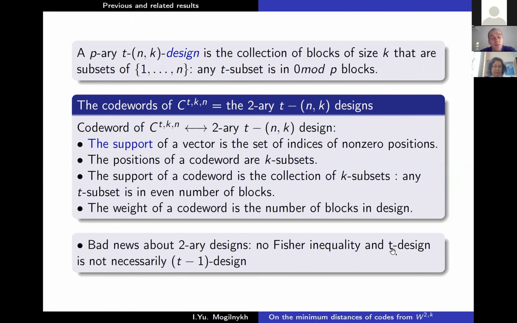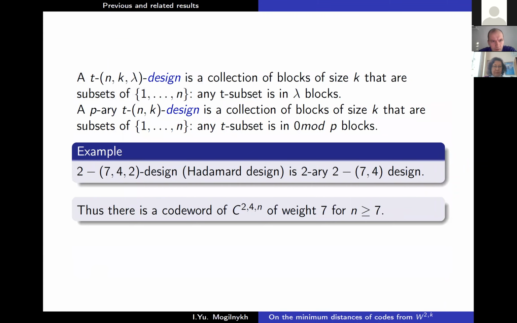For example, not any t-design is a (t-1)-design here. One can take an ordinary 2-(7,4,2) design, known as the Hadamard design, which is unique up to isomorphism.